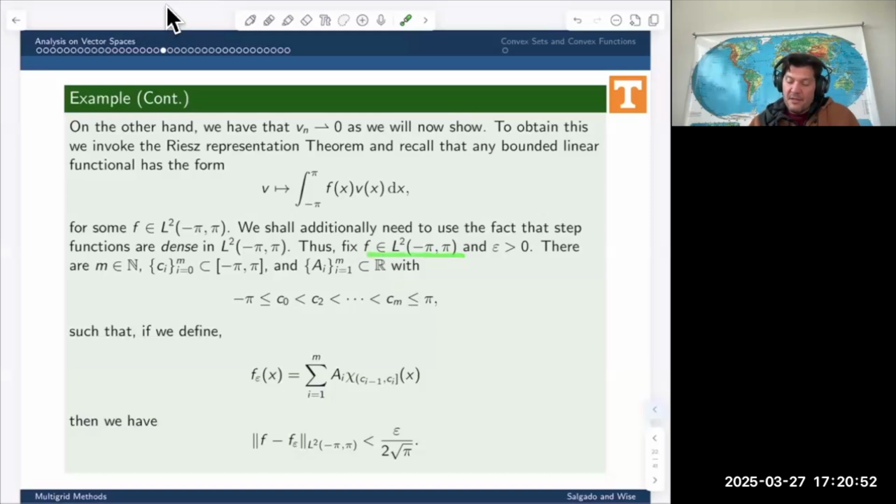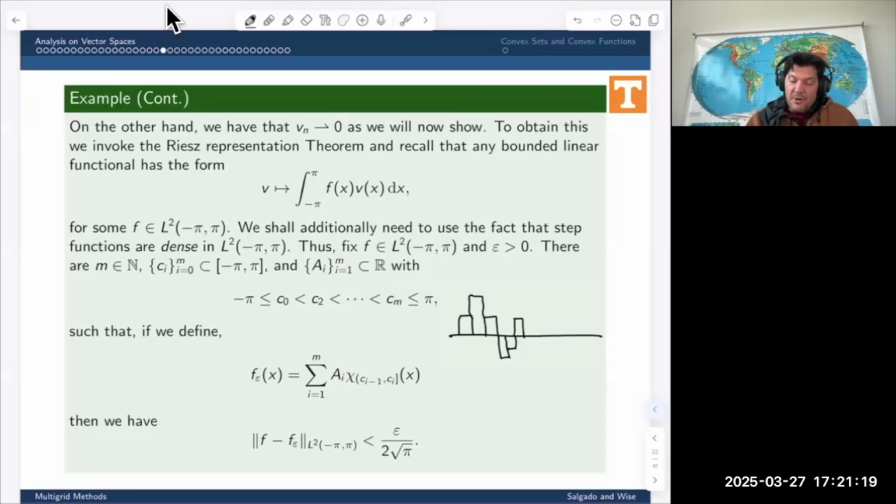Okay. So, how do I do this? Well, if f is a fixed L2 function, we're going to use the fact that step functions are dense in L2. All right. So a step function in our setting is just a function that looks like this. We have an interval from minus pi to pi, and a step function looks like that.